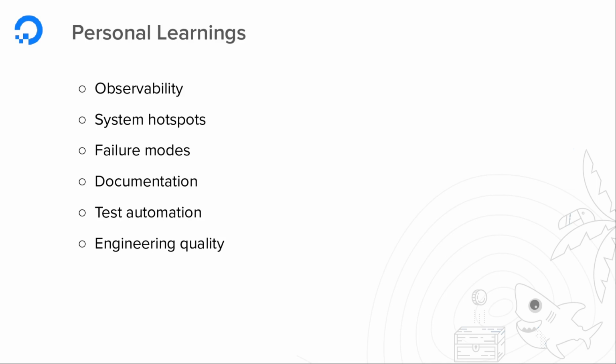Always work on your documentation just to help any engineers who are hopping onto your team or trying to help you out. And invest in test automation so that you can effectively explore your system's hotspots and failure modes and just have an understanding of how well your system is operating. And always try and improve the quality of your engineering, both as an organization and with the services under your responsibility.